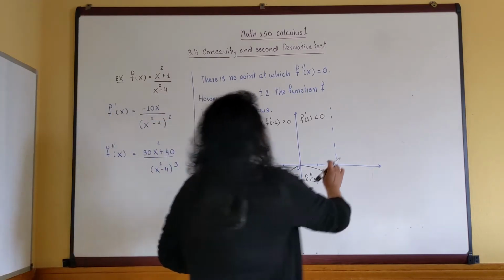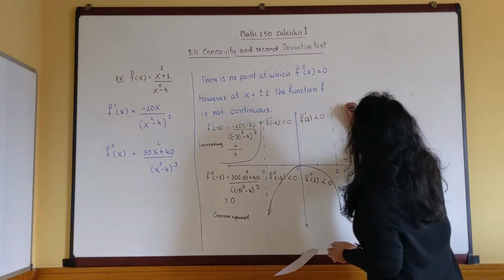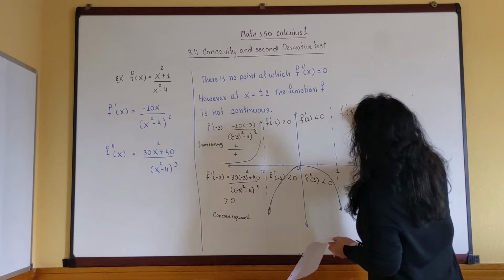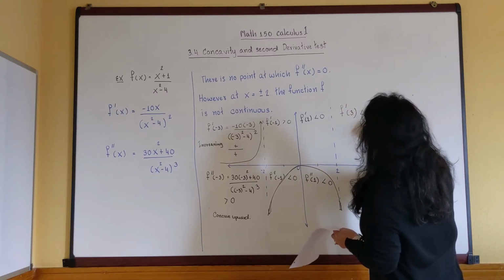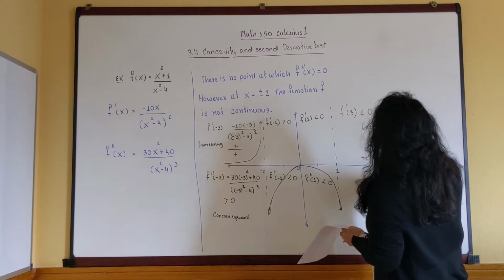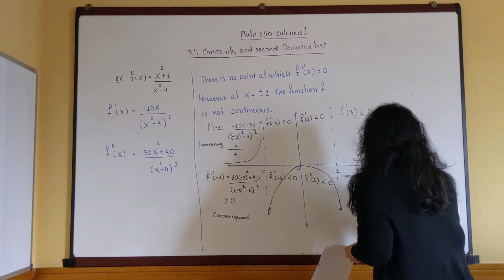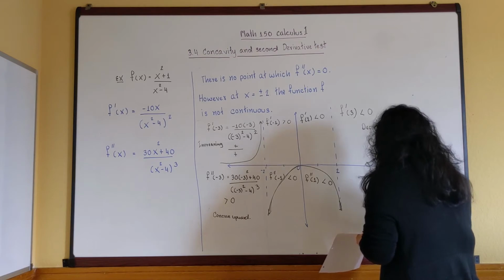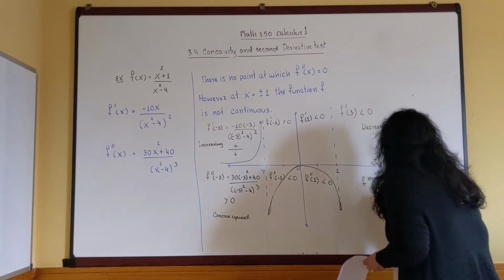Now the last region is 2 and above, but I use 3. f prime of 3 is less than 0, so the graph is decreasing. The second derivative is greater than 0, which means it's concave upward.